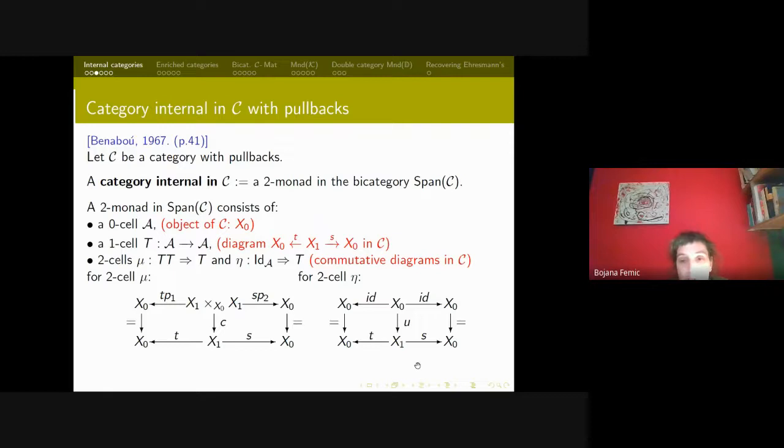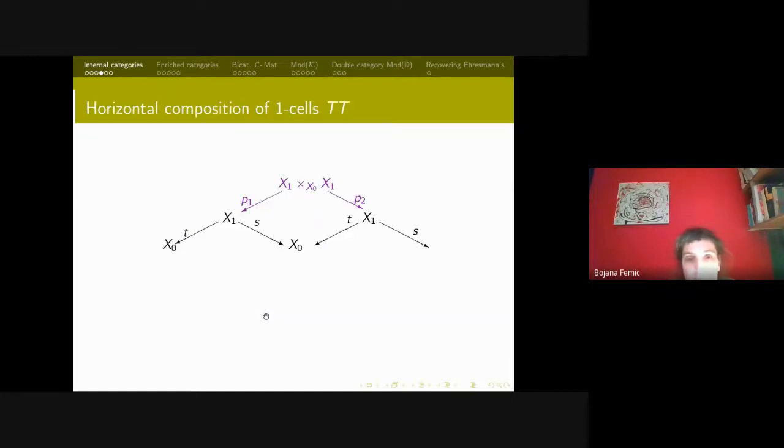these two squares commute. Now, I did not comment, I just said that here, when you see this 2-cell mu, which is given by the morphism c from the pullback into x1, I did not comment on why we have these two morphisms towards x0, t p1 on the left and s p2 on the right. Well, this I comment on in this diagram. So I said that we had there the composition of two spans, of this span with itself, right?